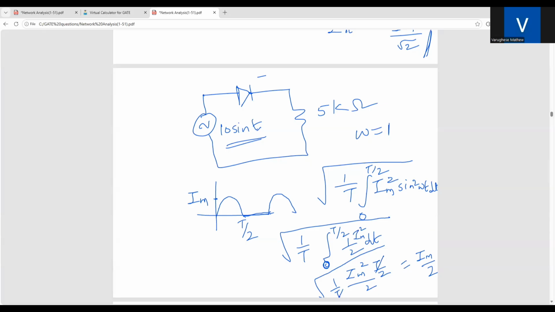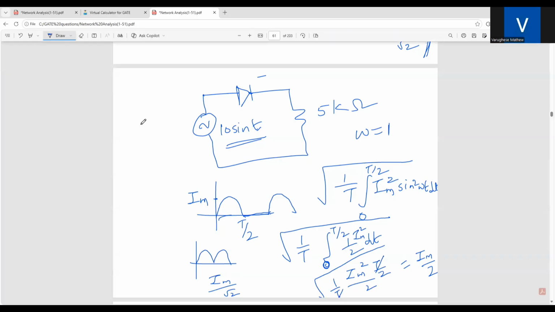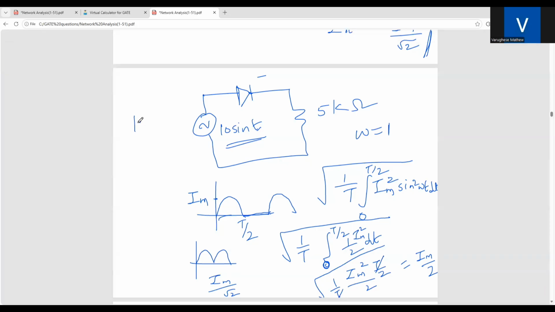If you have the full wave, that is, if it is like this, then it is Im by root 2. If it is only half, it is Im by 2. I just want you to know this. So Im in this case is 10 by 5 kilo ohm, which is 2 milliamp.